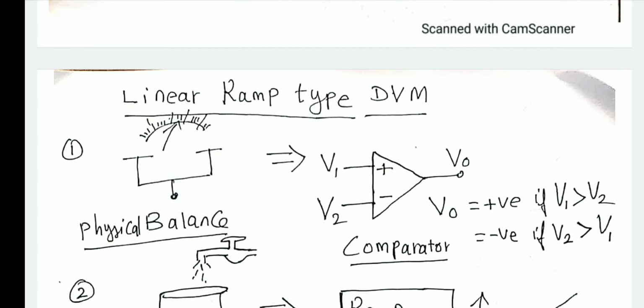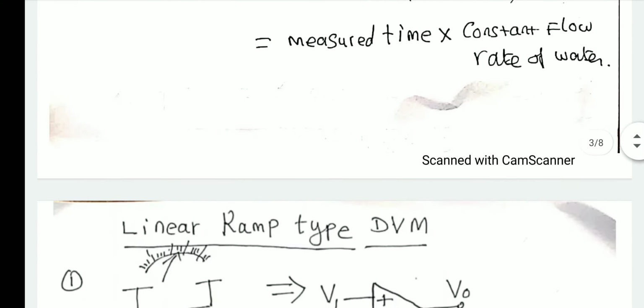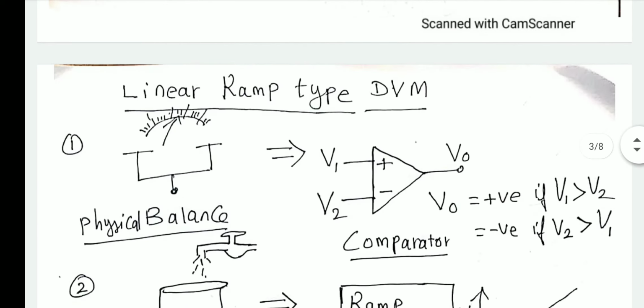In our electronic circuit, equal to the physical balance, we will have a comparator to compare the unknown voltage with the variable voltage with respect to time. So in an electronic circuit, we need a comparator.